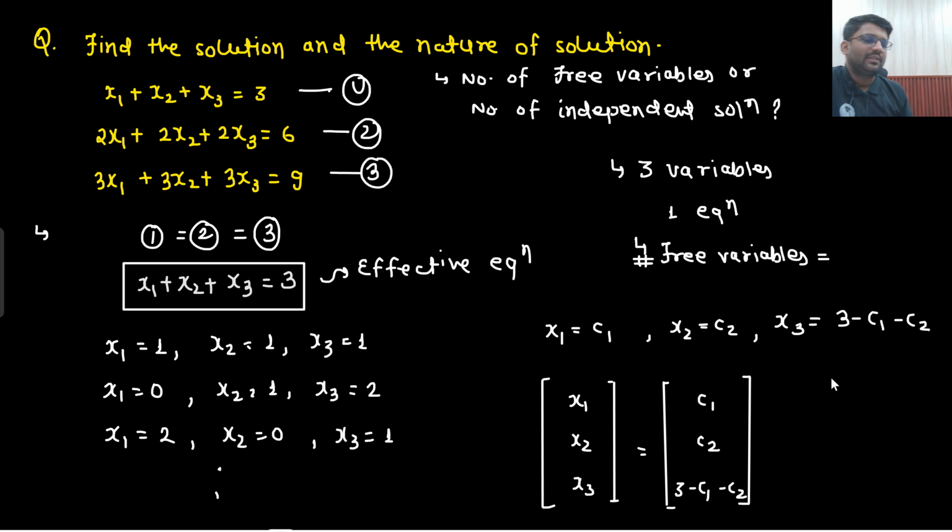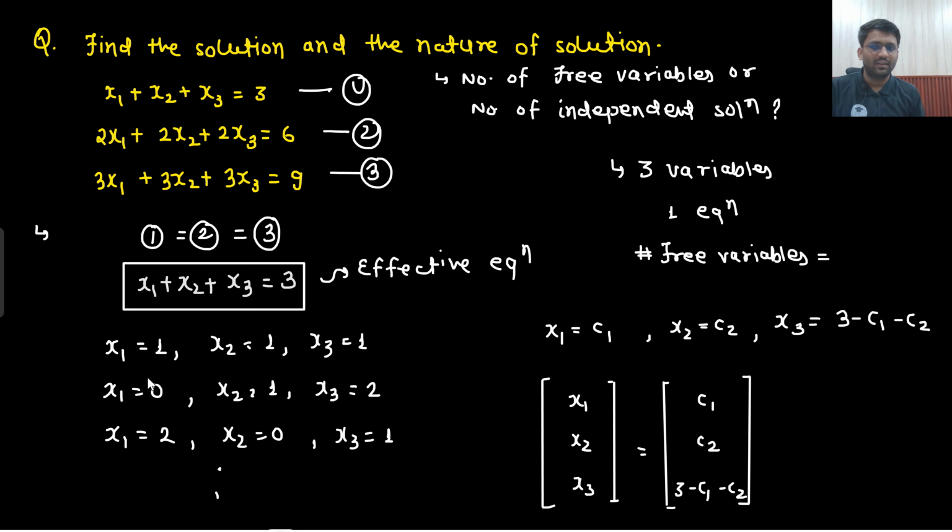How many free variables are there? 2 free variables are there, no? For 3 variables, I am given effectively one equation only. So someone would say, sir, independently I can take the value of x1. Then someone would say, sir, independently I can take the value of x2. Any value of x1 I can take, any value of x2 I can take. But if I take any random values of x1 and x2, then x3 will depend on the values of x1 and x2. Here he was saying x1 is 1, x2 is 1, any random value.